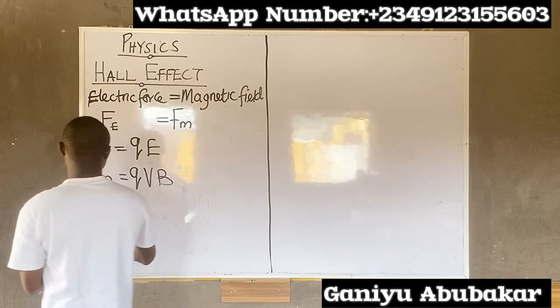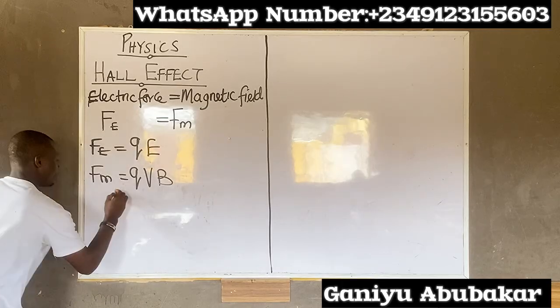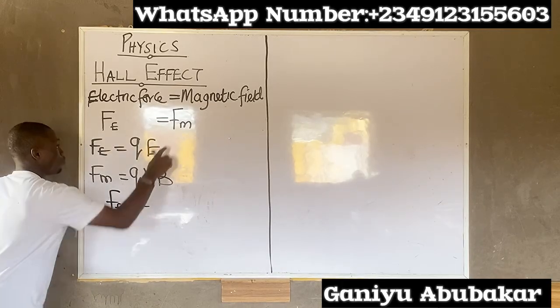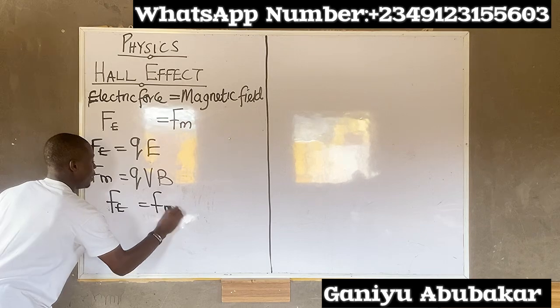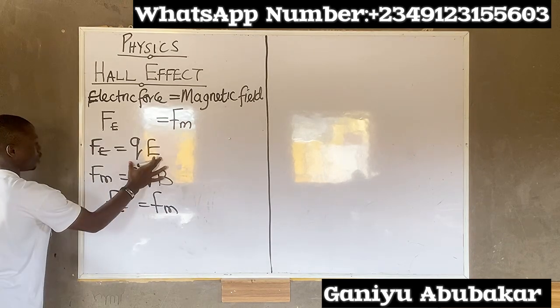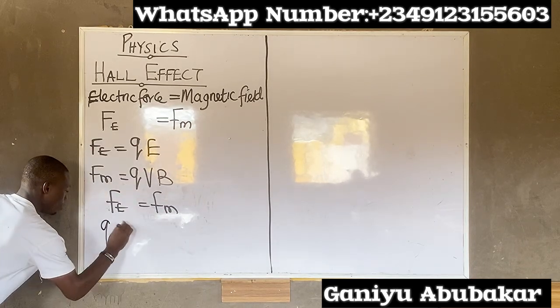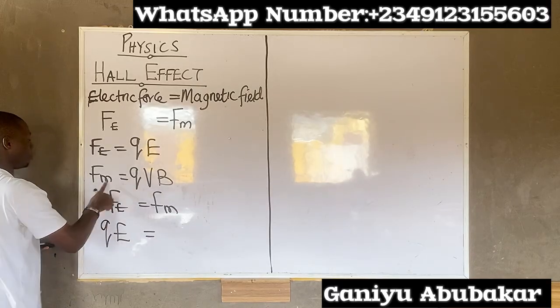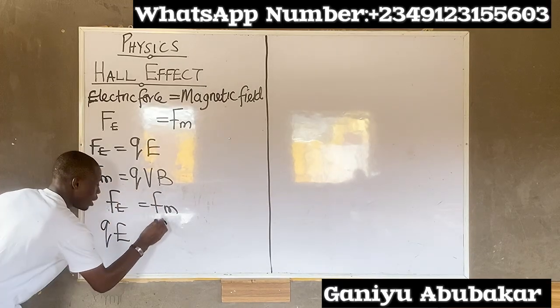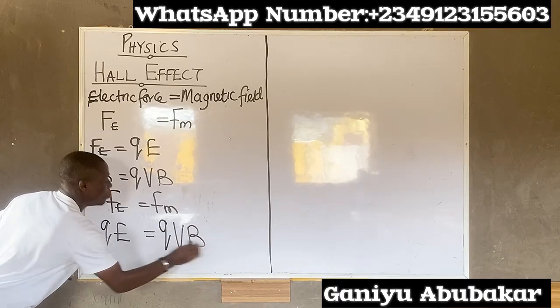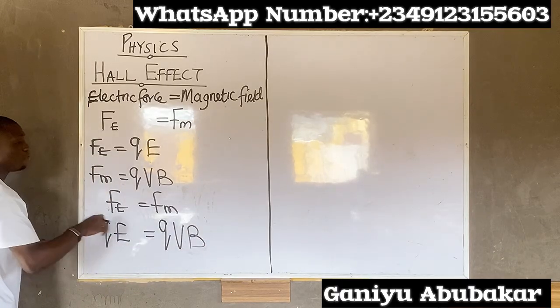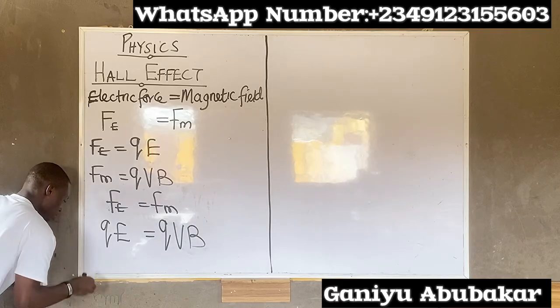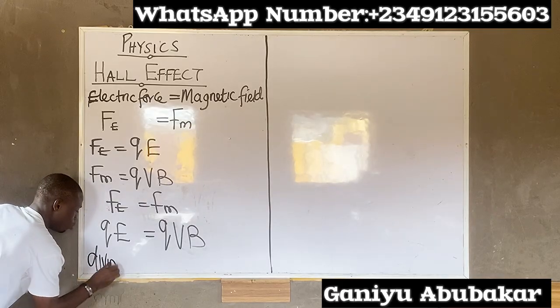So Fe equals Fm. Fe is QE, and Fm is QVB. So I have QE equal to QVB. At this point, I'll divide through by Q.